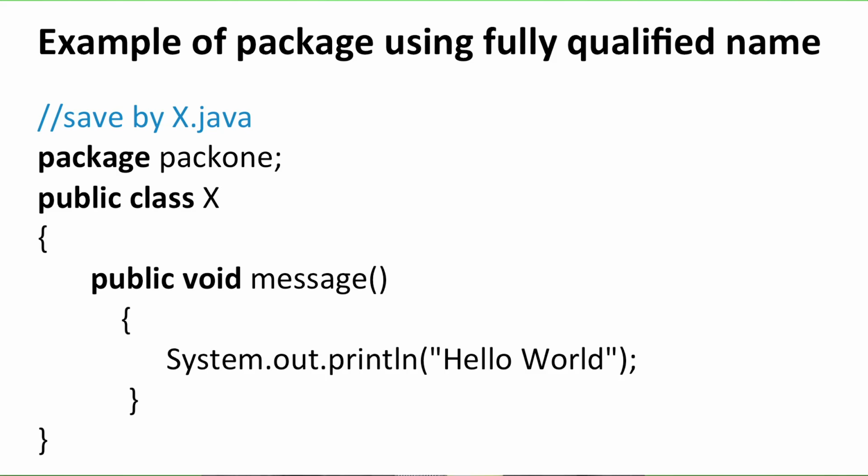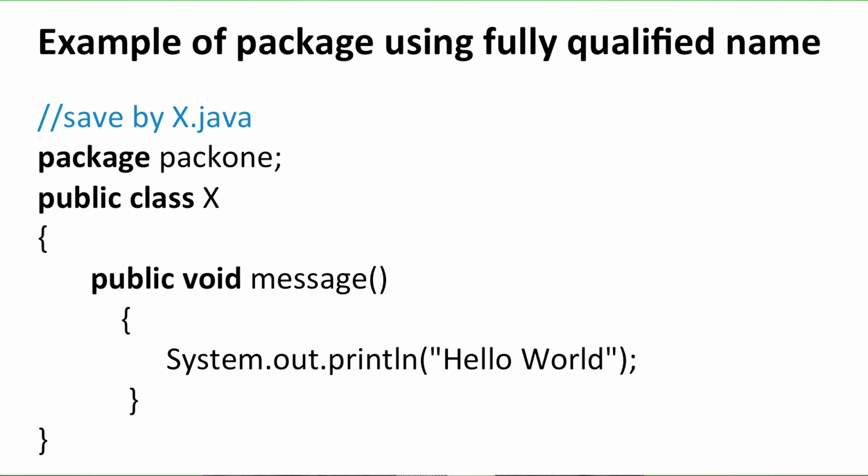Now this is an example of a package using the fully qualified name. The scenario is just the same. We are having a class X and a class Y. The class X is in package 1. We have denoted package 1 as pack1, but you can use any name, it is user defined. Class X is having a method called message.